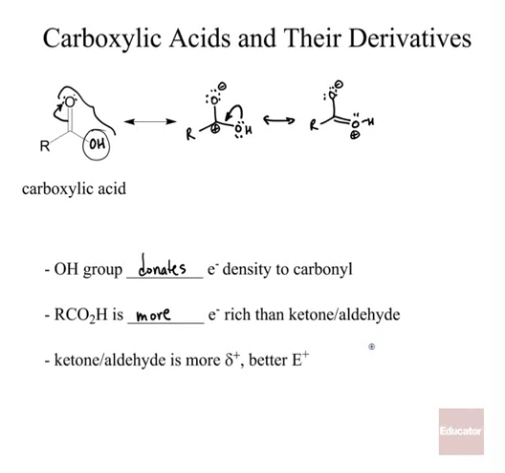The effect of that oxygen is to add electron density to the carbonyl, making it more electron rich. That makes the ketone or the aldehyde more partial positive and more electrophilic. So carboxylic acids and their derivatives, we'll see down the road, in general are more electron rich because of that electron donation, certainly if you have an oxygen group here like an OH.